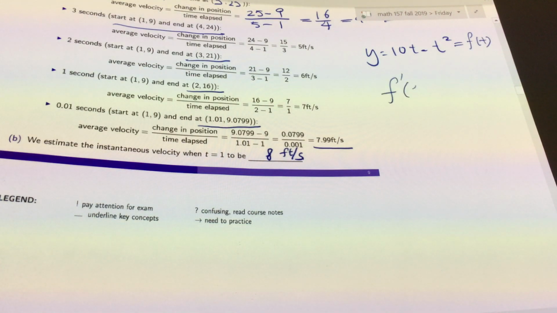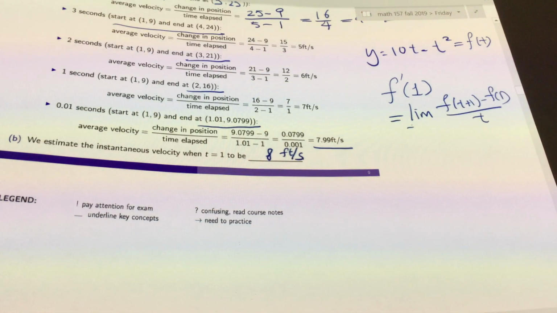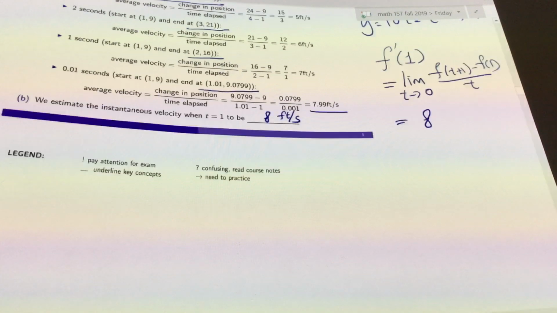The derivative f'(1) is the limit of (f(1 plus delta t) minus f(1)) over delta t, as delta t tends to 0. You compute, you follow the limit, and you will get 8. That is exactly what it means.